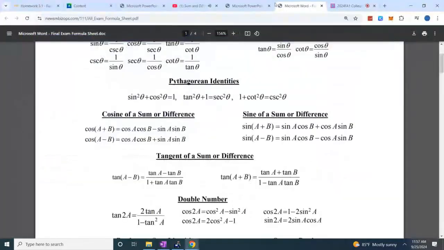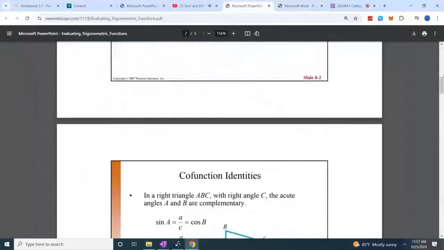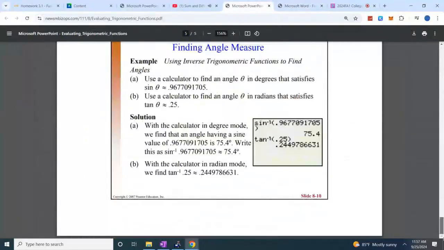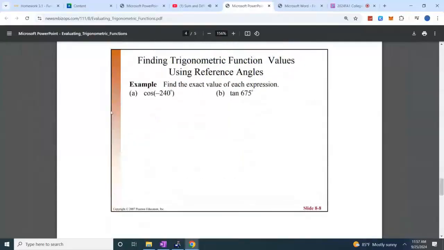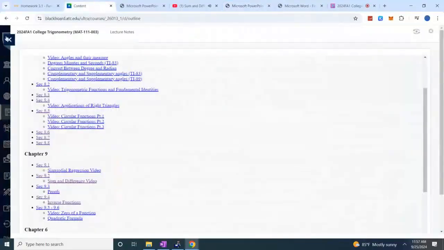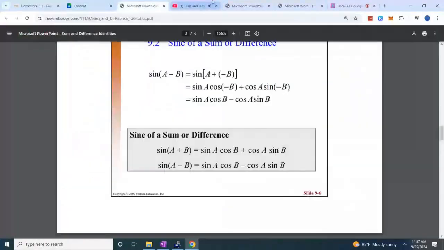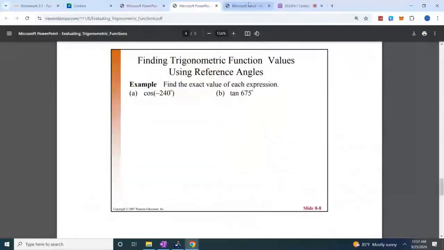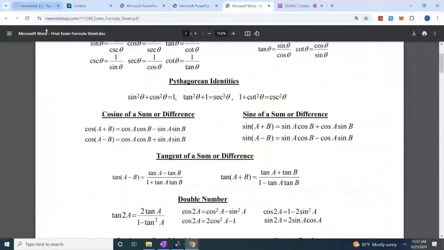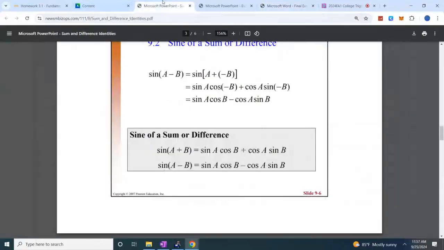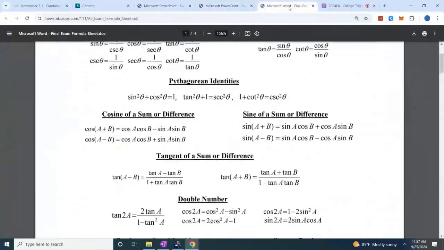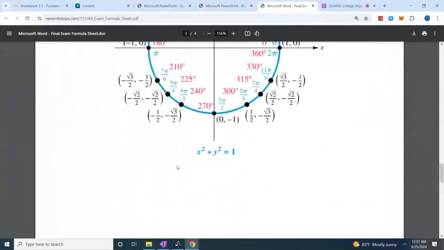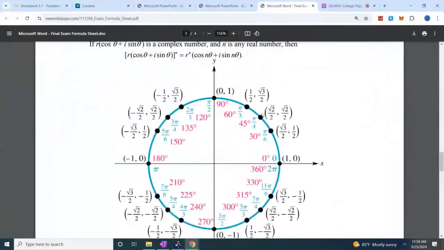if I were to look at the unit circle, I believe it should be square root of 2 over 2. Where is it? It's at the bottom. Okay, it's here. So I'll find 45 degrees.